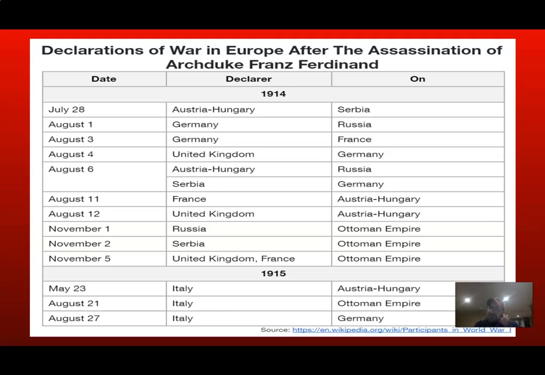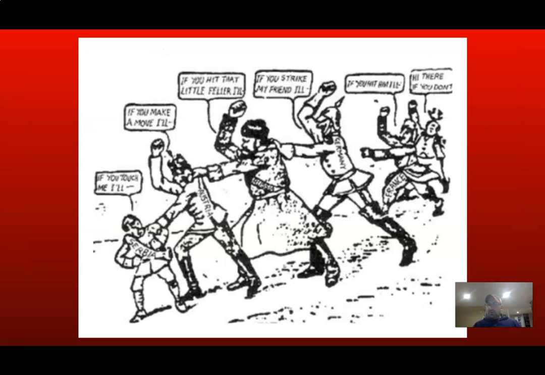And then, because Austria-Hungary gets involved, Germany is going to declare war on Russia, which is kind of preemptive. Then Germany is going to declare war on France. And you could see that it all kind of drops like dominoes. Eventually, all of Europe is going to be engaged in this war because of that assassination, right? The events are going to happen really, really fast, and everybody's going to get involved, okay?